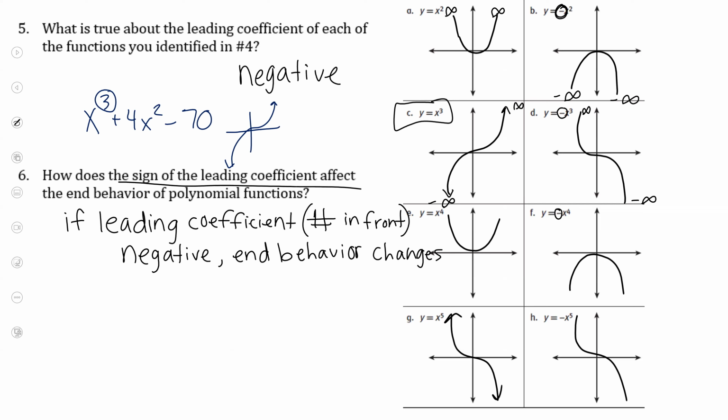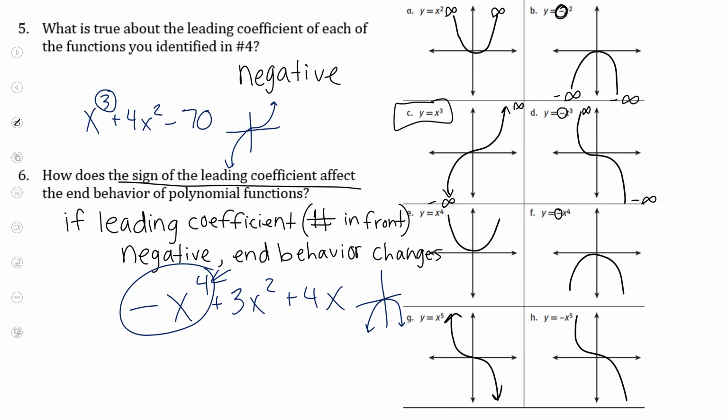If I give you something complicated like this, negative x to the power of 4, what comes next does not matter. What matters is what's in the very front. It's even, so I know it's going to face the same direction, and there's a negative. It's facing down. It's going to look something like that. I can figure out the end behavior. Make sense, guys? That is your goal for this lesson. You should not have to look at graphs to figure out end behavior.